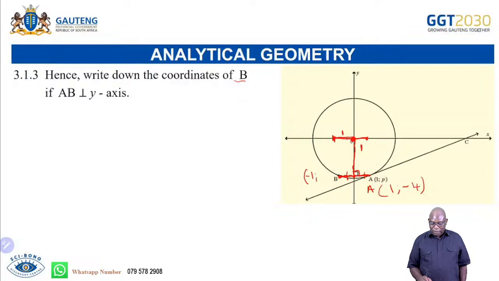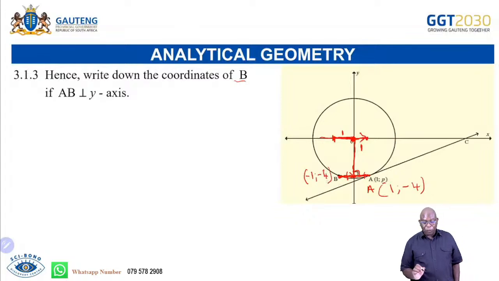Obviously, this line is perpendicular to that line, which makes that line parallel to this. If these two lines are parallel, my P value will still be the same at that point. At that point, my P value will be -4.